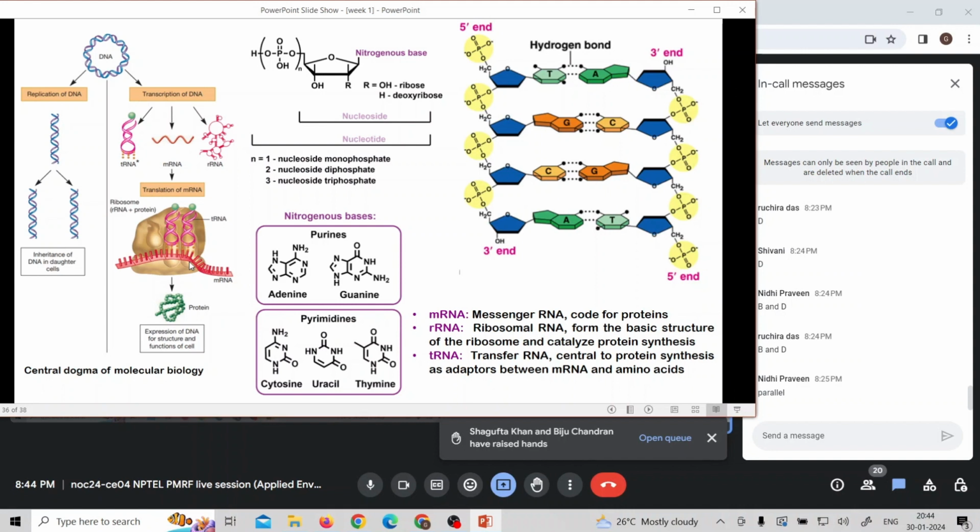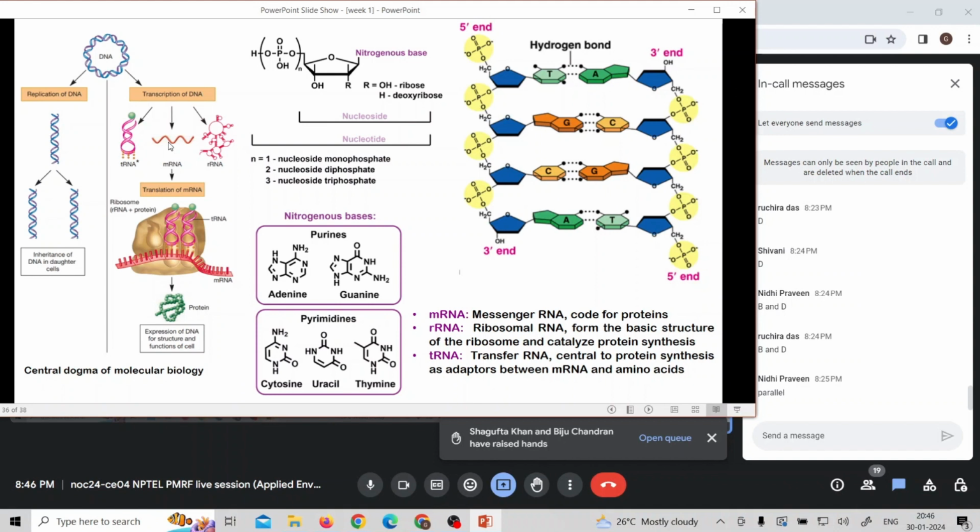We now know the individual function of this mRNA, rRNA, and tRNA, right? So as I explained a few minutes before, all these RNAs will come together, act with the ribosome unit, and finally the protein is formed. So the simple equation would be DNA gives RNA gives protein.